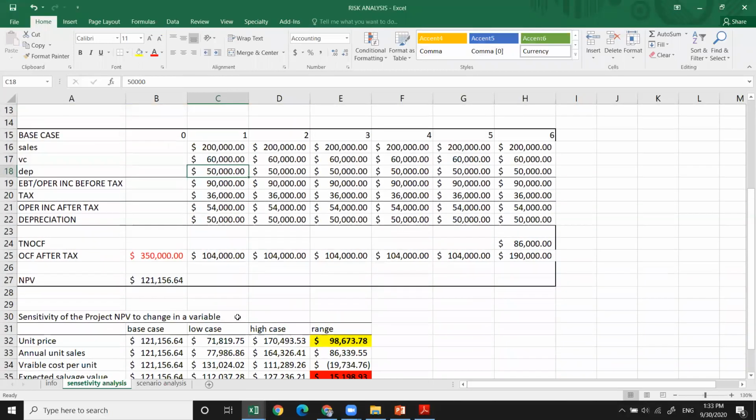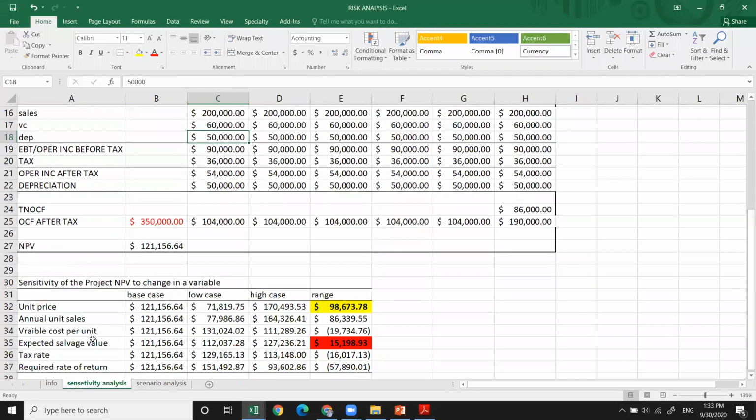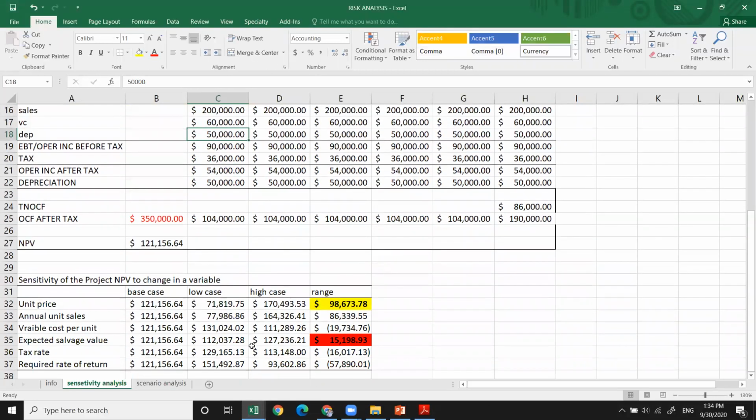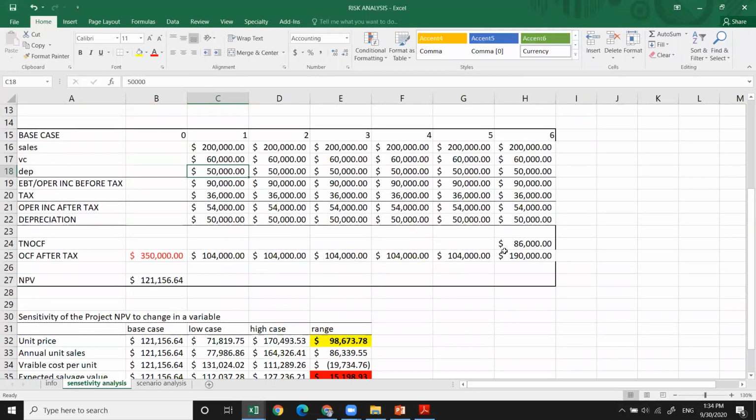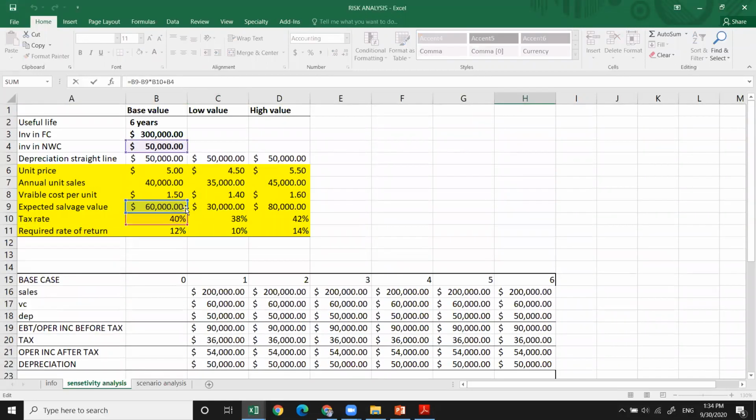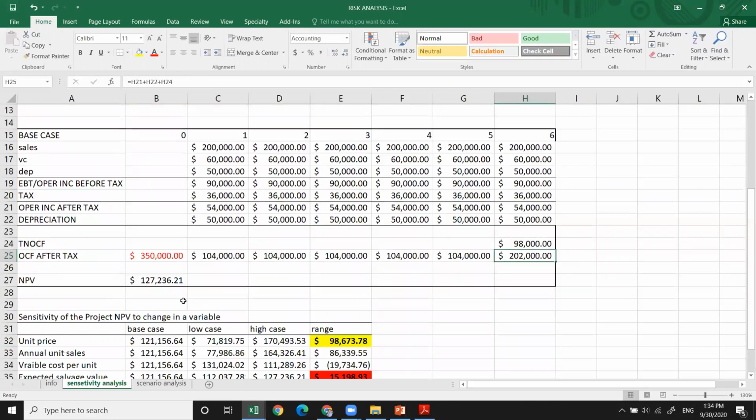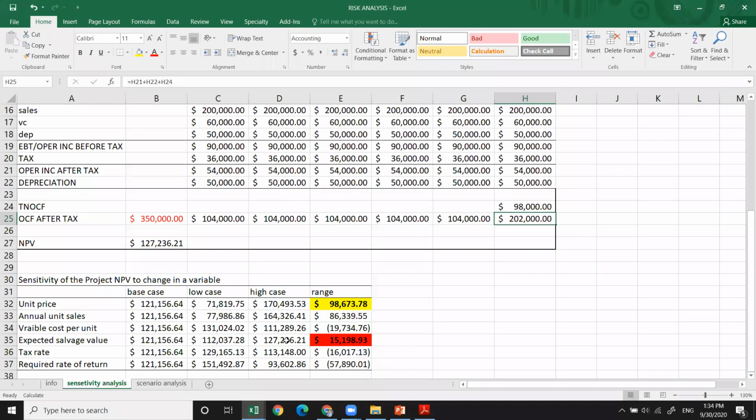Okay. Now I would like to move to expected salvage value. Change the expected salvage value. Bring the expected salvage value here. My NPV increased to 127.